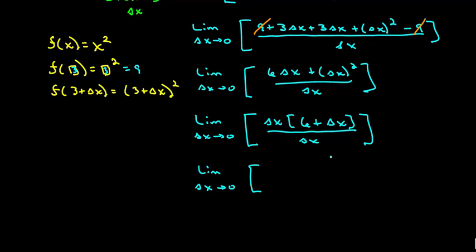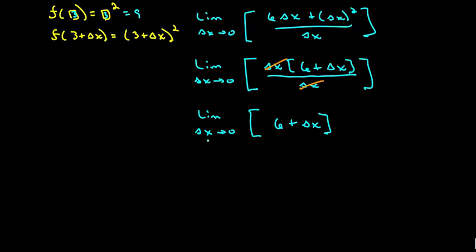I can cancel the delta x's out because I know that delta x is not 0, because I'm taking the limit as delta x gets close to 0 but is not actually 0. So that's important that you understand the difference between those. So this is going to be just 6 plus delta x. And then of course the limit of this guy as delta x goes to 0 is just 6.